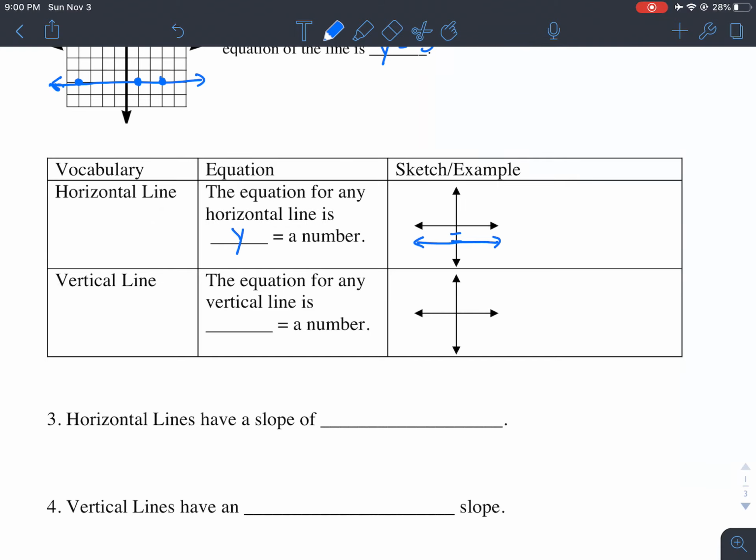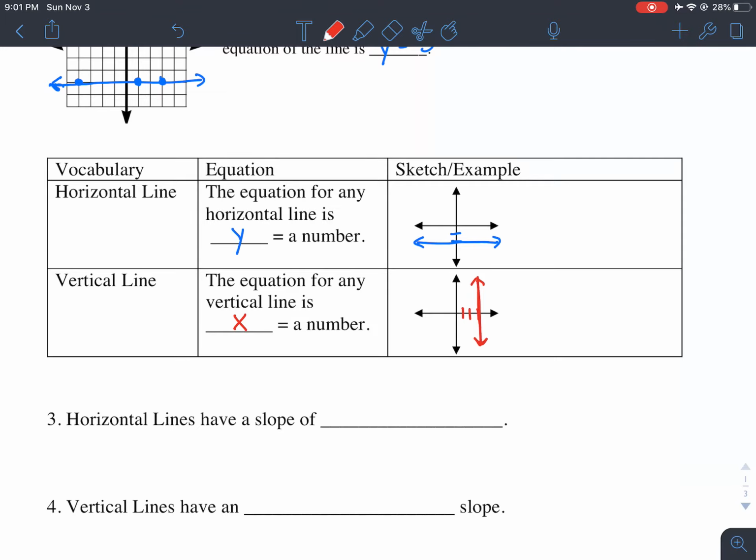So that would be that example. Whereas a vertical line, any vertical line, will have the form x = a number, and that's going to be whatever the x-intercept is. So for example, if it crosses at 3, the equation of that line would be x = 3.